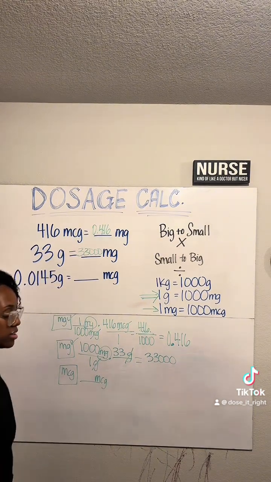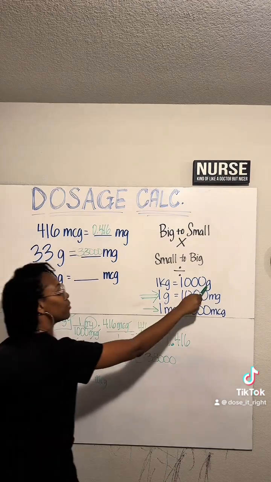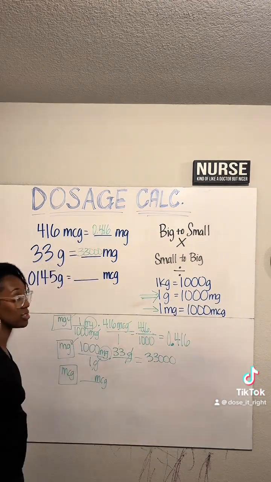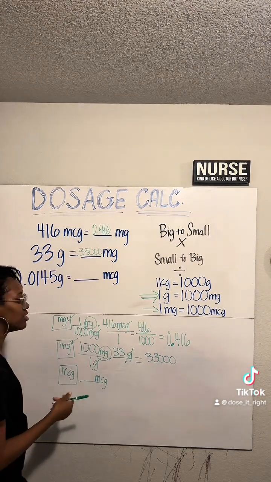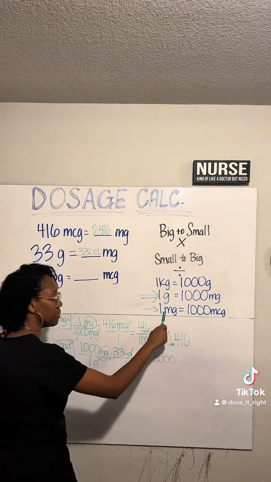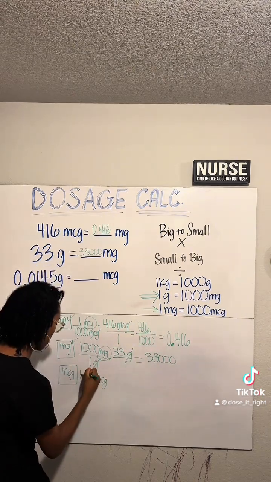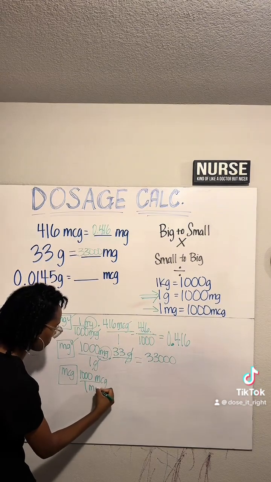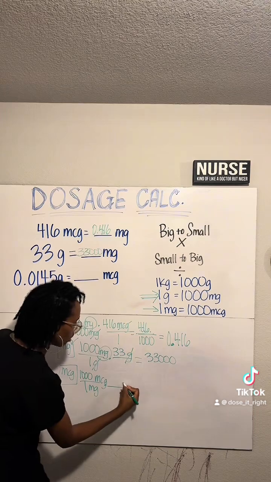So in this problem, we are going to have to jump all the way from grams to micrograms. So we have a lot of conversions that we're going to have to do. The first one that we need to do is move from micrograms to milligrams. So 1,000 micrograms equals 1 milligram. Now we need milligram on the bottom, so we need it on top as well.